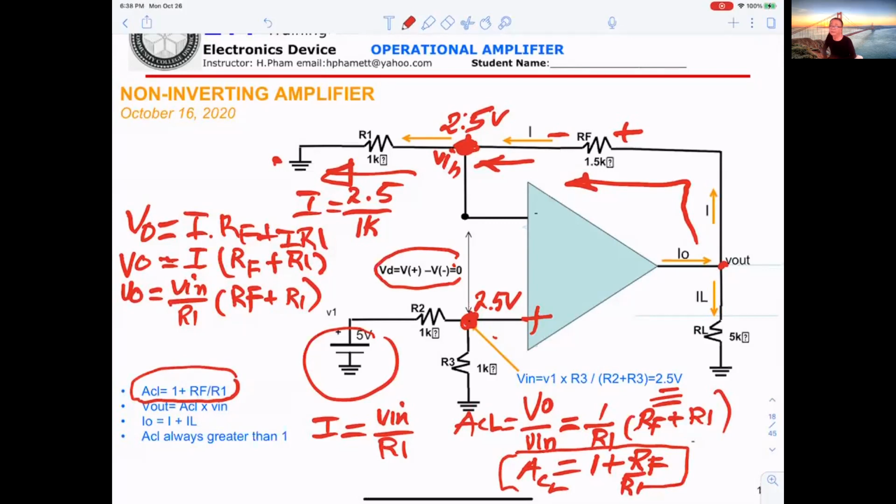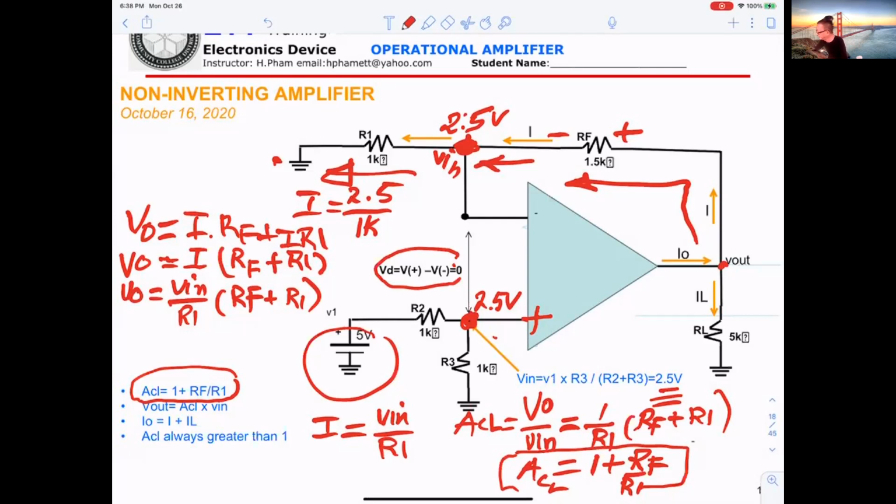Again, for this non-inverted amplifier, the gain will be 1 plus RF over R1. If you know RF and you know R1, you can calculate the gain. And after you get the gain, you can calculate V out.